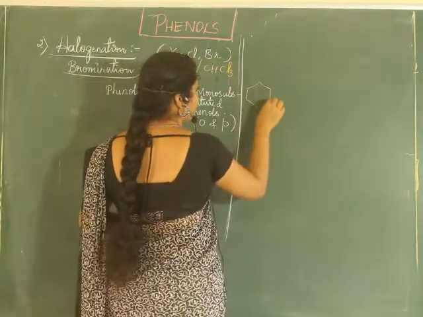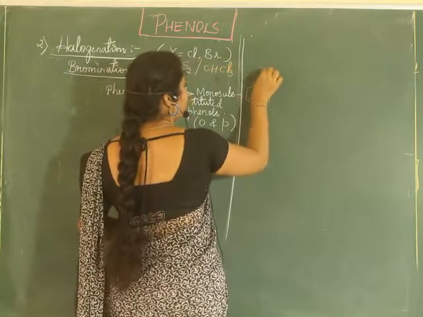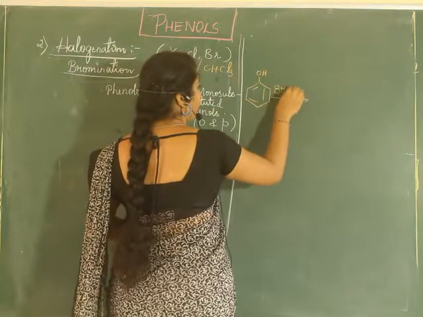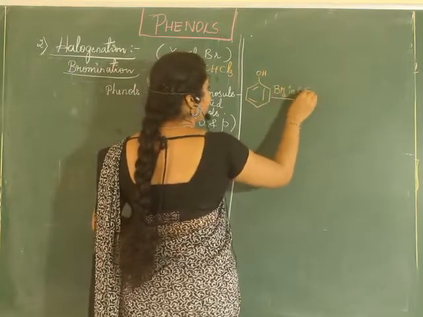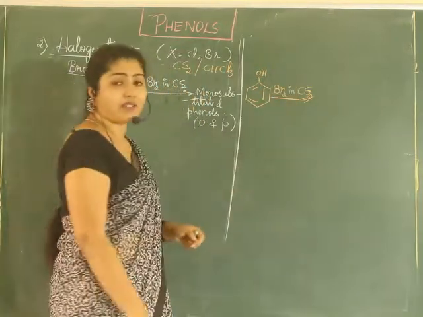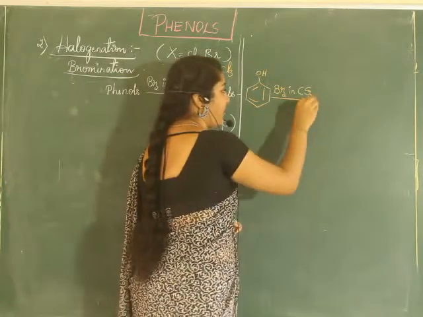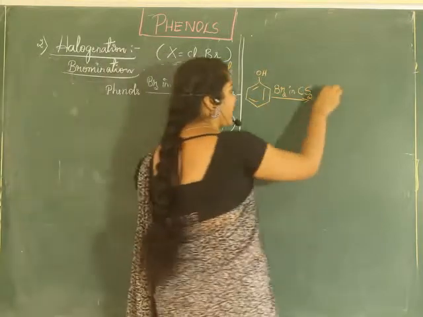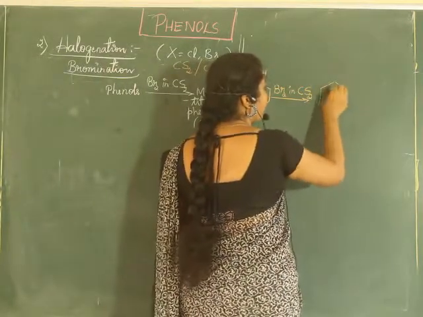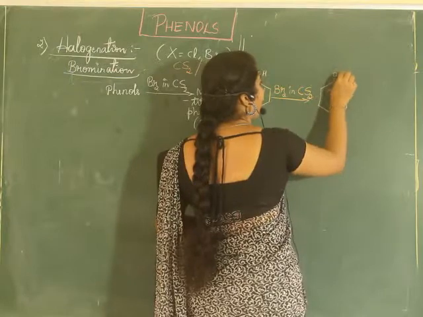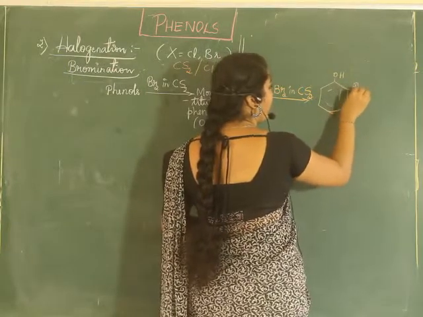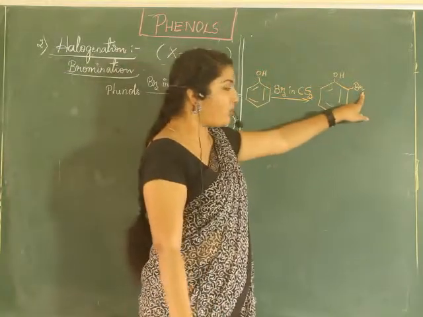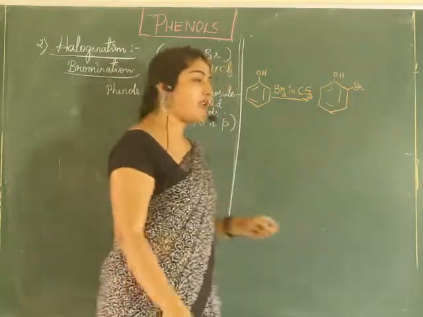Phenol, we are treating it with bromine in carbon disulfide. Now what are you going to get? You are getting monosubstituted phenols, that is, ortho-bromophenol, because we have taken bromine here, and para-bromophenol.